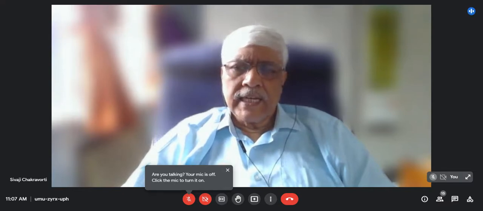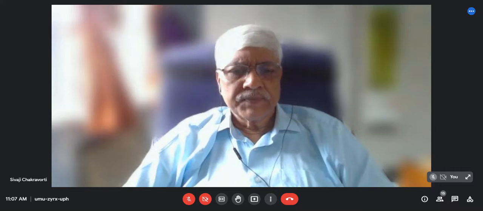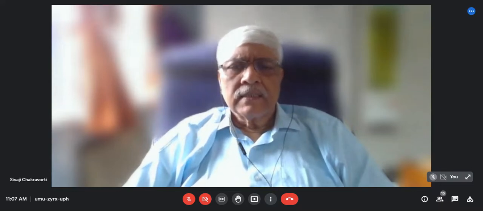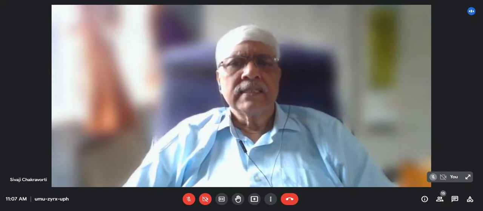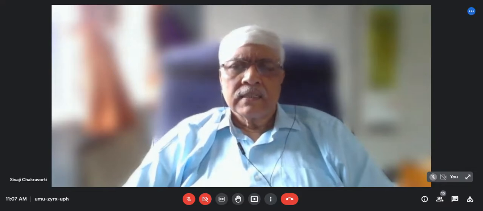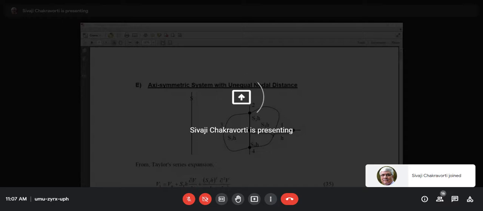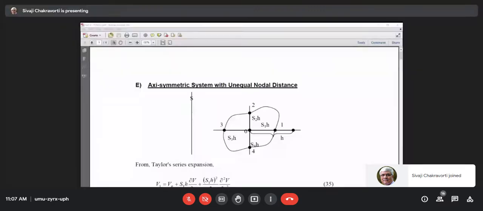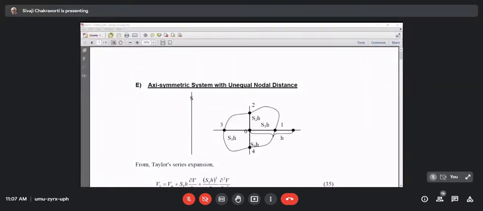And then we call that to be as h, and all other nodal distances are represented as a fraction of that nodal distance.